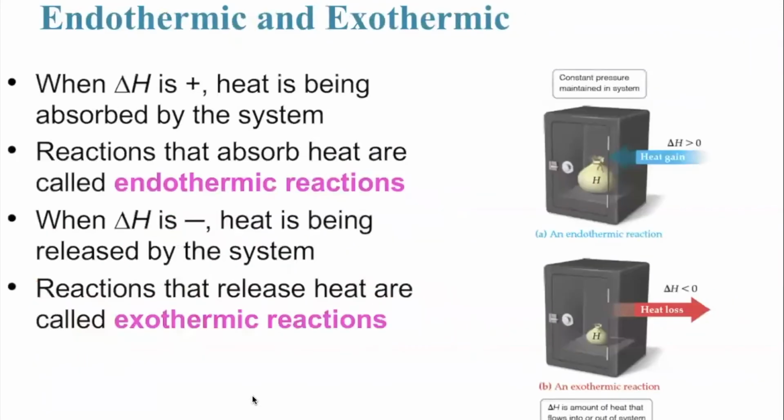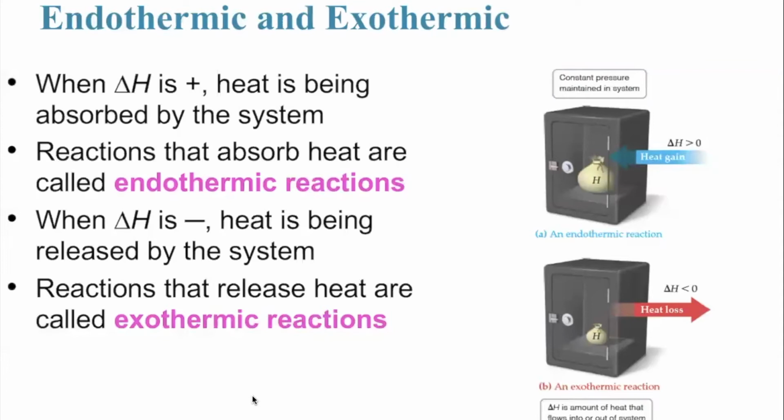Now, there are some terms that we have to go over. In the same manner as Q, delta H is positive when heat is transferred from the surroundings to the system. Reactions that absorb heat from the surroundings are known as endothermic processes. On the other hand, delta H will be negative when heat is transferred from the system to the surroundings.